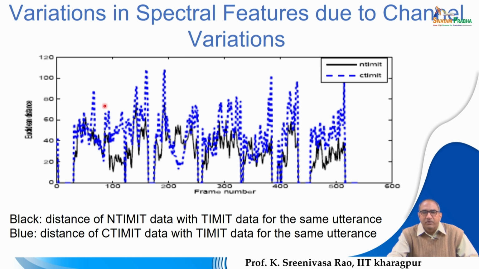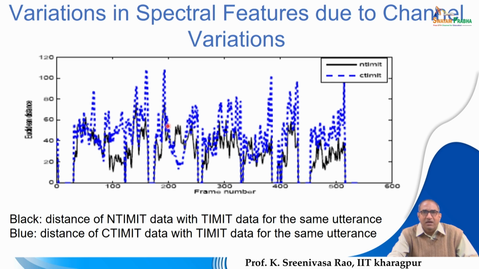If you look at the vocal tract features or the spectral features, the black one corresponds to the spectral features from the utterance derived from the noisy TIMIT. The same utterance, the same speaker, is also collected from the C TIMIT. C TIMIT is nothing but the TIMIT database captured from the cellular environment.